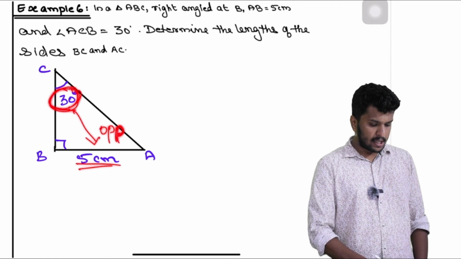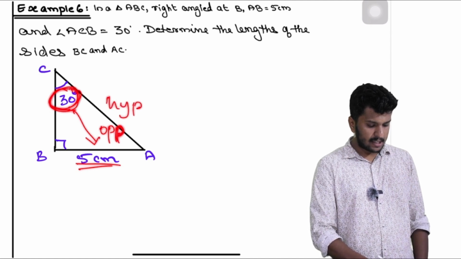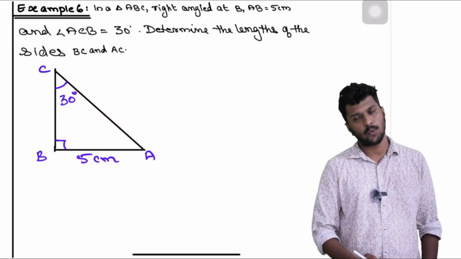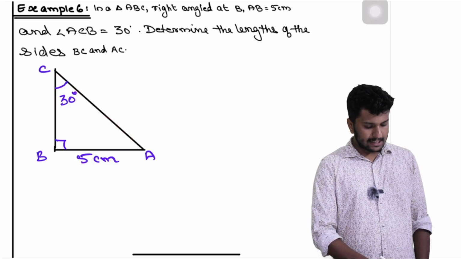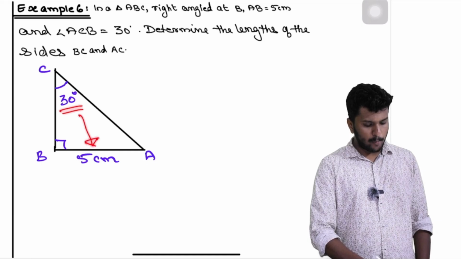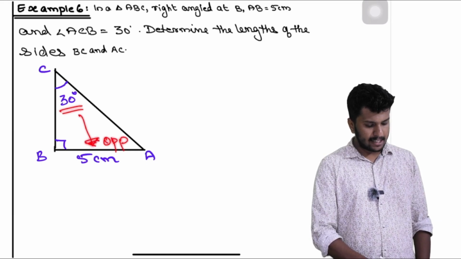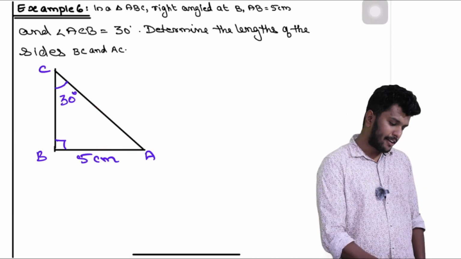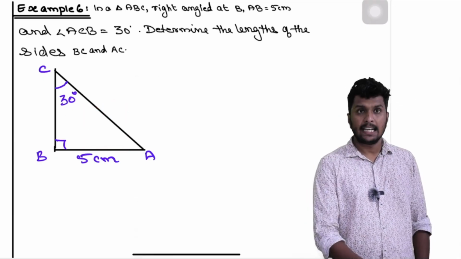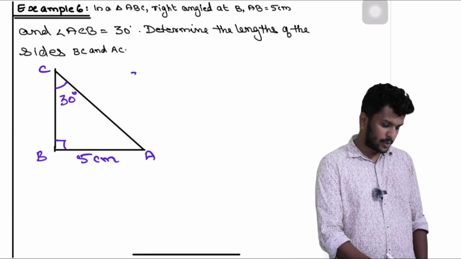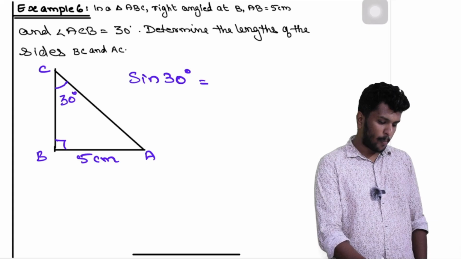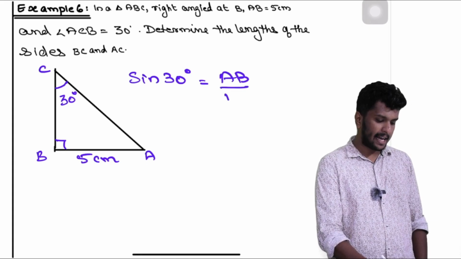If you want to find the hypotenuse, with the opposite side and hypotenuse, what trigonometric ratio do we take? We can find the hypotenuse AC using sine 30. Sine 30 degree is equal to opposite AB divided by AC.